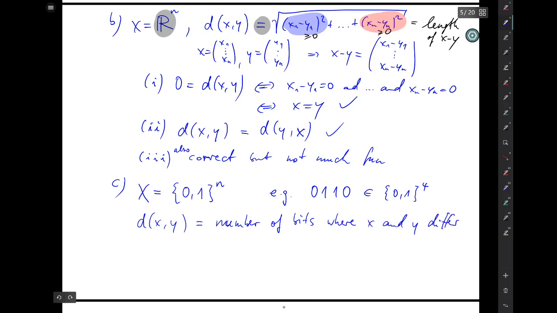So e.g. the distance of 0, 1, 1, 0 and 0, 1, 0, 0 is 1 because they only differ in one position, okay?